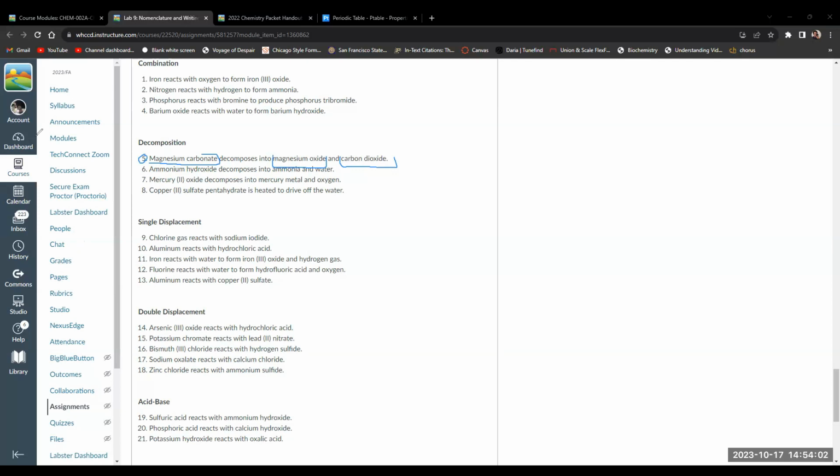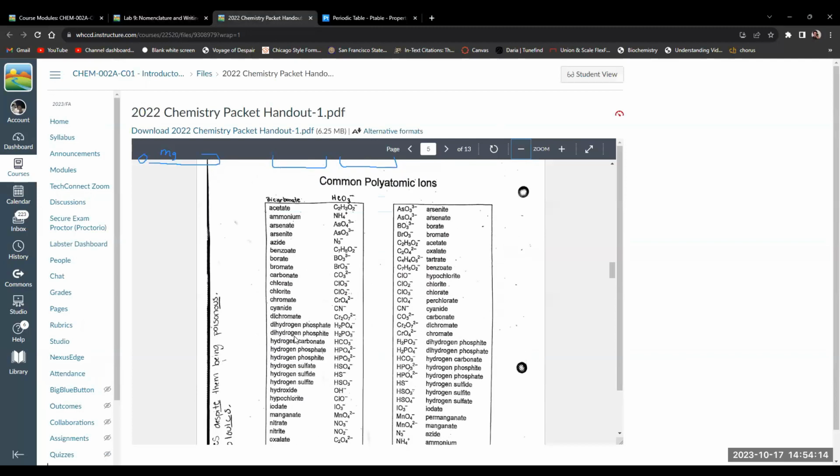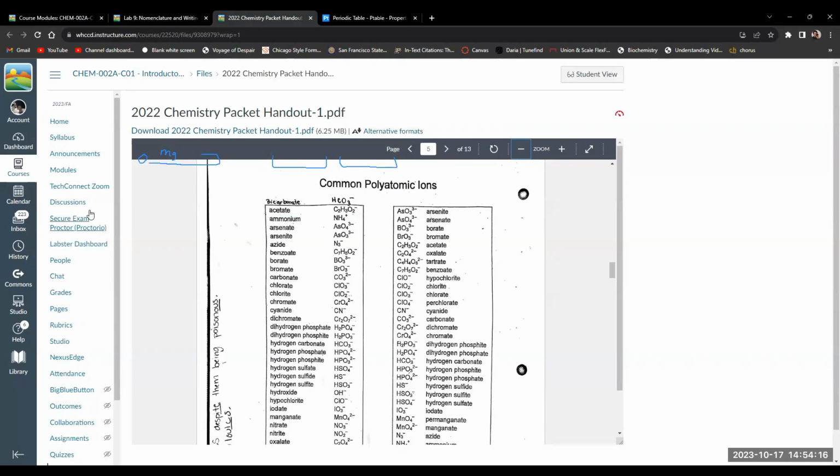So we know magnesium is a metal. Carbonate is a polyatomic found here.